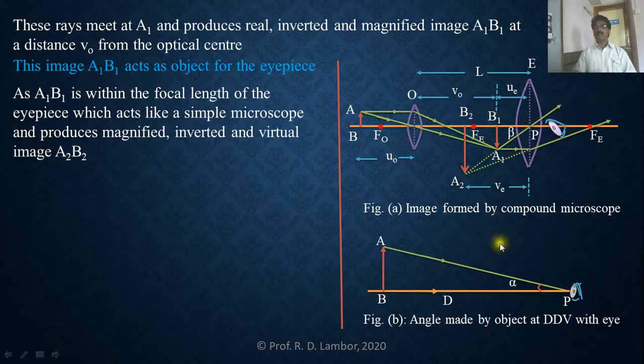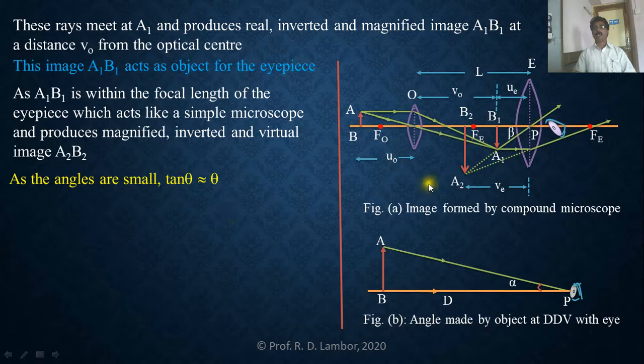So in both ray diagrams, the visual angles alpha and beta are very small because this object is very small in size. And as the object is very small in size, the visual angle subtended at the eye will also be very small. So as the visual angles are small, we know that tan theta is nearly equal to theta. We can take it.